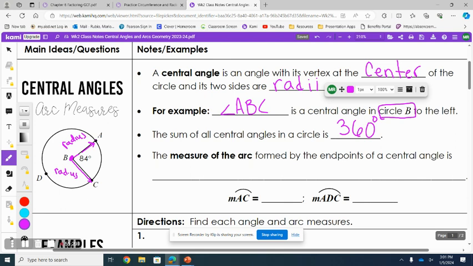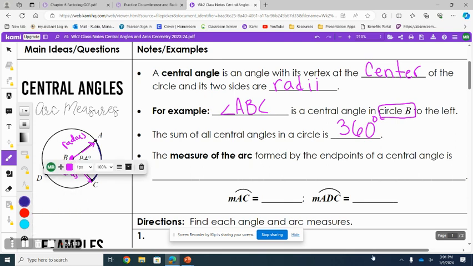And all we need to know about the measure of the arc, look, on this circle right here, this angle that we're talking about, angle ABC, is 84 degrees. The arc that we're talking about is from point A to point C. Okay, does that make sense? We're talking about the outside edge of the circle from point A to point C, like if you were walking from here to here in a big circle.